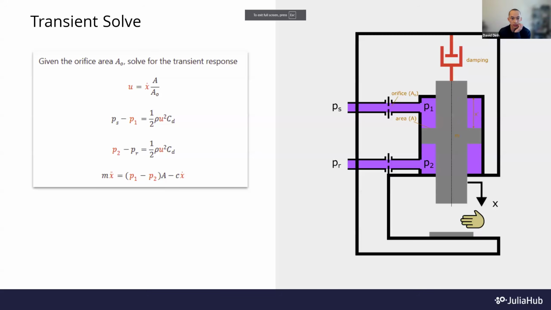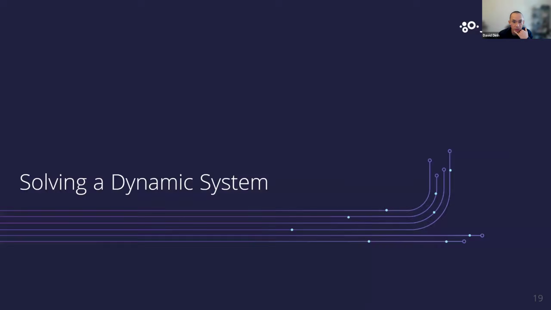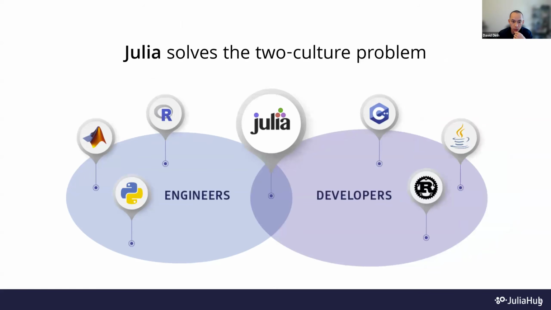Okay, so in summary, what we went over today was the Julia ecosystem. I'm just going to go through this; I prefer to do it this way. We talked about the value proposition that Julia brings to the table compared to other programming languages available in open source and licensed industry.